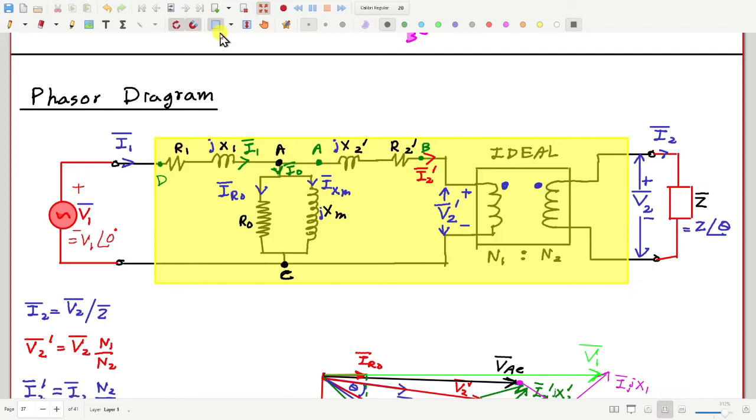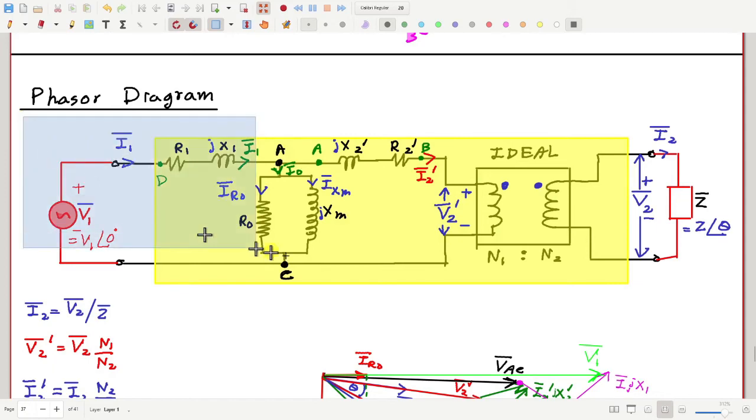If you go through possibly 10 different books, you will see 10 different conventions and 10 different types of equivalent circuits. But the point is, once you understand it, you can do it in different ways. So maybe I show you one more way of doing it.